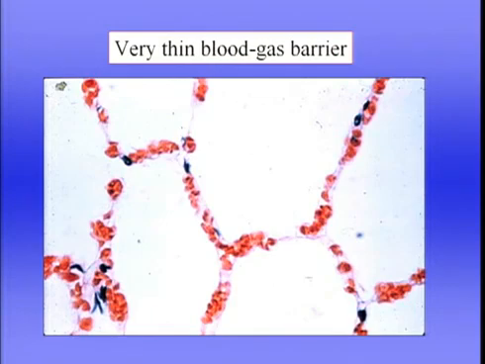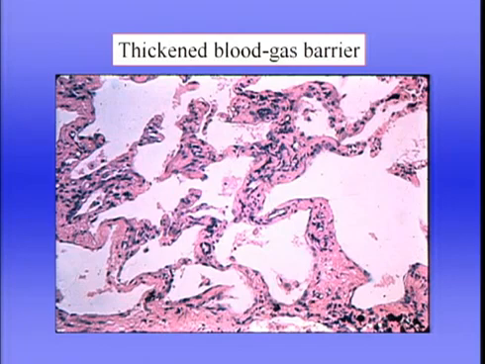This is simply to remind us again that the normal blood gas barrier is extremely thin. We can hardly see it in the light micrograph. But look at this picture here. Here's a thickened blood gas barrier from the lung of a patient with interstitial fibrosis. In this disease, fibrous tissue is laid down in the alveolar wall. The alveolar wall is grossly thickened. In fact, I have a hard time seeing the capillaries.